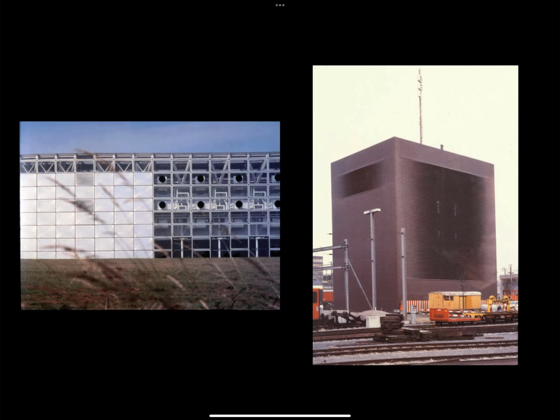And so if we compare the two, the Sainsbury on the left and the signal box on the right, they're both custom-made metal cladding systems. The Sainsbury Centre is factory-made.